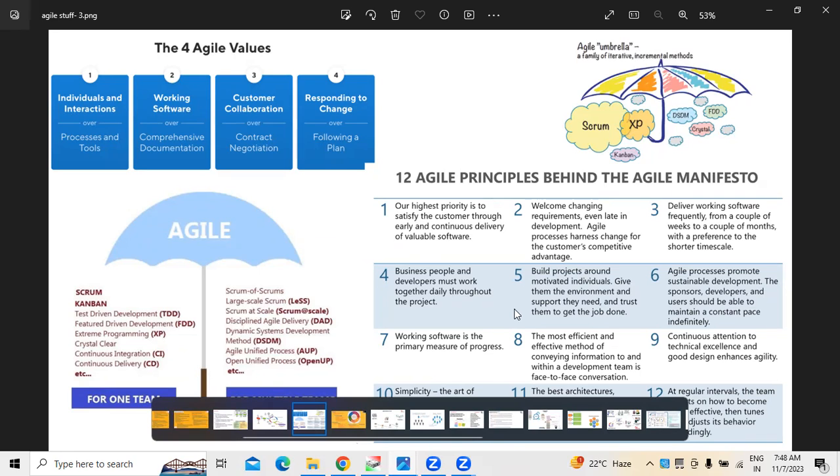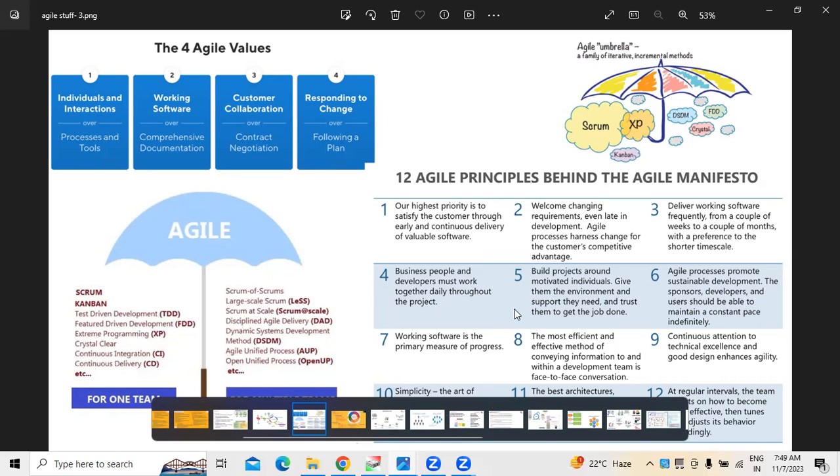But these value systems, if you want to implement, there must be a pipeline to move on. That pipeline is nothing but Scrum, right? It can be Scrum, it can be anything. So there are a lot of things. We have Scrum, we have Kanban, we have XP, we have DSDM, we have Lean process, we have RUP, right? So different processes and frameworks are there.